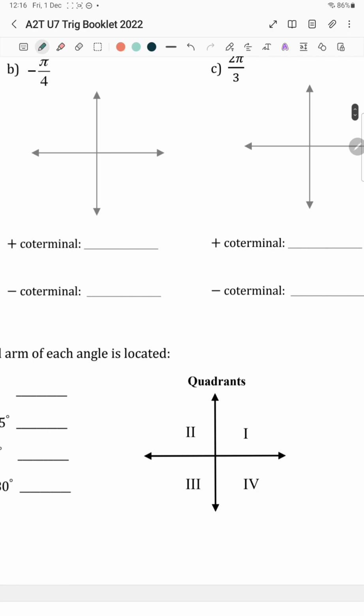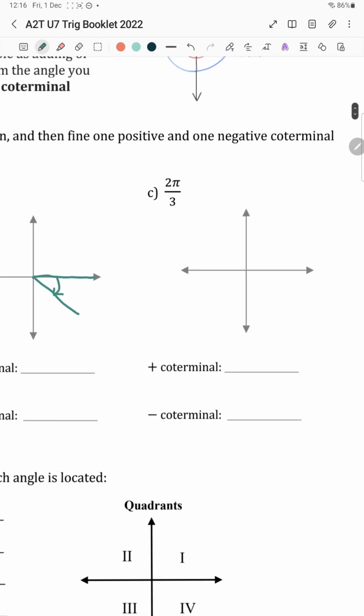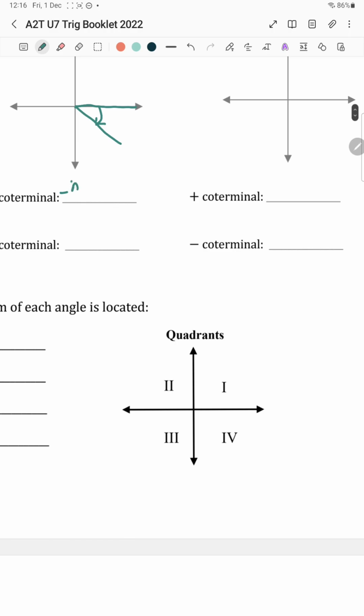Okay, this is minus pi by 4. Positive is going to be minus pi by 4 plus 2 pi, 7 pi by 4, minus pi by 4 minus 2 pi, minus 9 pi by 4.